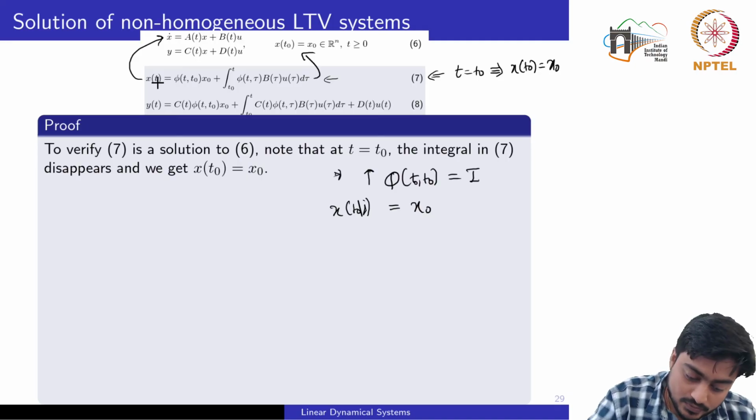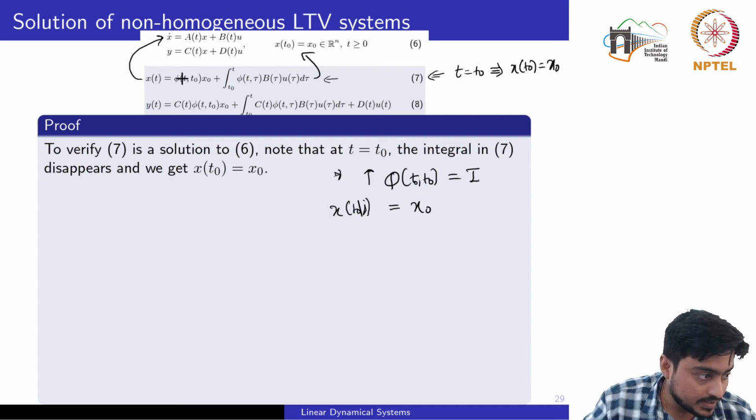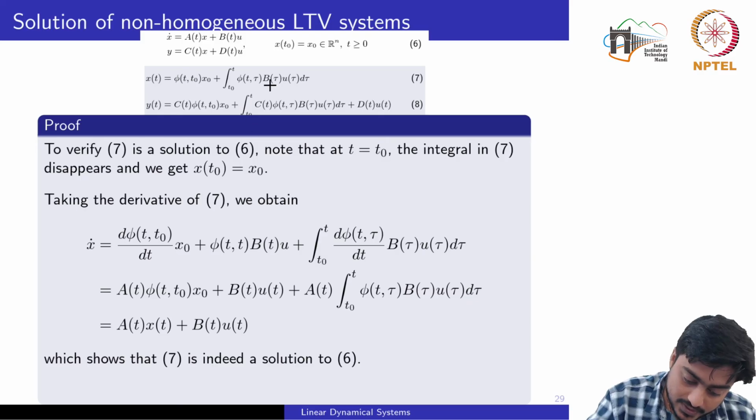Now the second part of the proof, I need to put x of t into this state space equation. So I need to take the derivative of this 7. Let's take the derivative. X dot is equal to, because this is the only part which is a function of time, d phi by dt into x naught, plus, by using the differentiation rule of integral, because inside the integral we have only the function phi, which is a function of t, we take the derivative of this function phi.